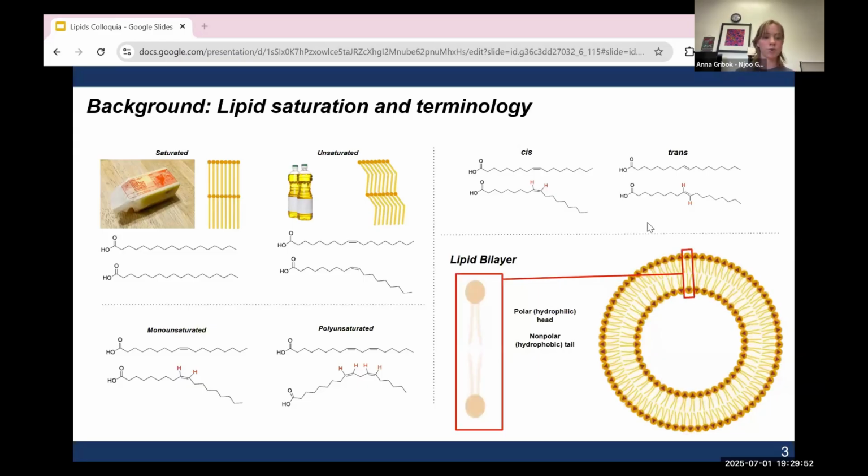Lipids can also form a lipid bilayer, which will have a polar hydrophilic head on the outside and a nonpolar hydrophobic tail on the inside.